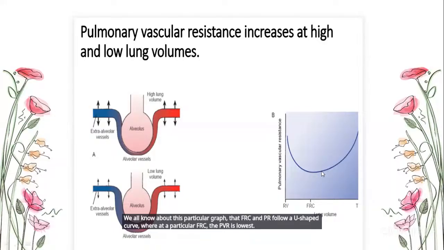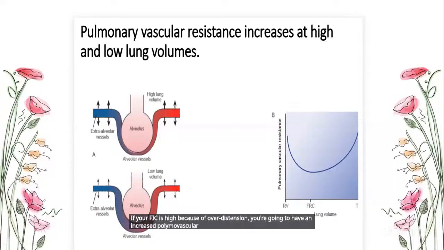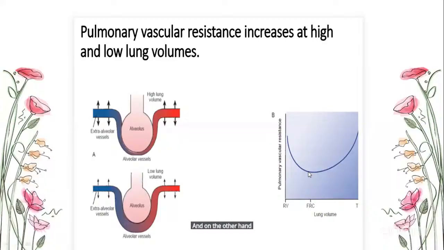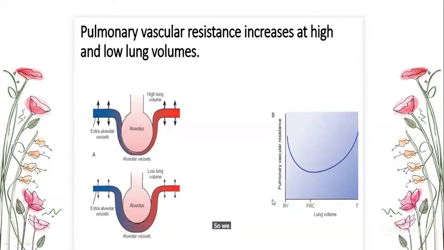If your FRC is high because of overdistension, you're going to have increased pulmonary vascular resistance because you'll be compressing the nearby arteries or capillaries. On the other hand, if your FRC is low, your PVR again goes up because those alveoli collapse and the body will try to constrict the arteries or capillaries. So we need an optimal FRC.